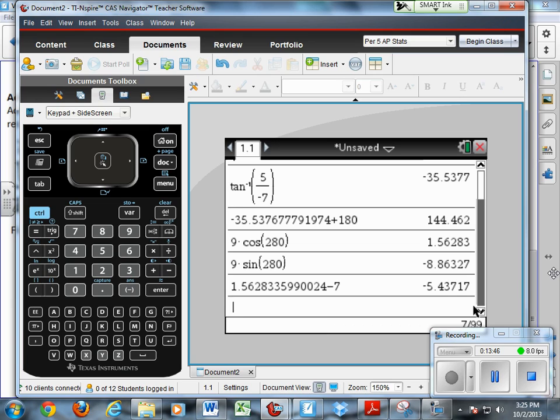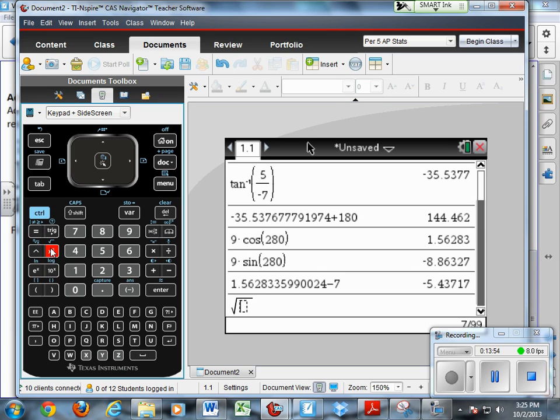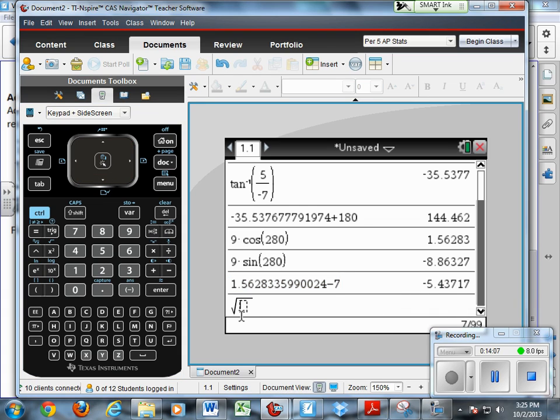So I wanted to do the square root of, and I'm going to just go grab this number here. Actually, I don't have them both here. This is one of them. So let me go back up. I want to square that number, and so I'm going to remove the negative sign so that when I square it, I'll get the right answer, or you could put it in parentheses, either way.